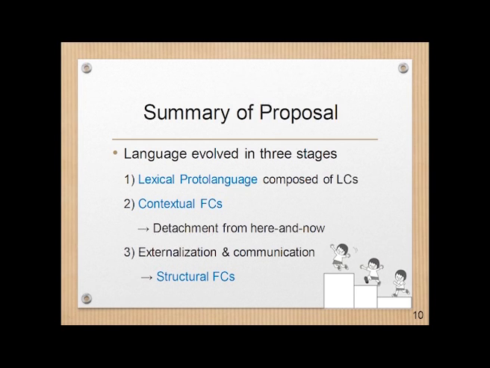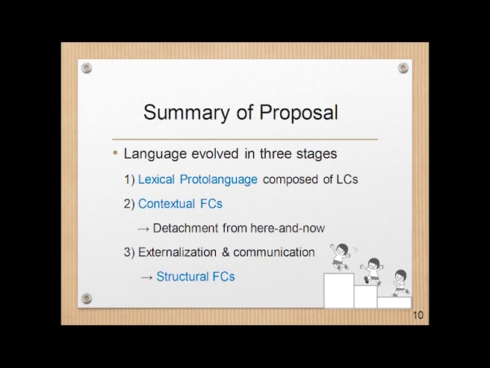Now I briefly summarize my proposal. The proposal here is that modern human language has evolved from protolanguage in three stages. At the first stage, lexical protolanguage composed of only lexical categories emerged. At the second stage, contextual functional categories were separated from lexical protolanguage, and this enabled expression departed from the here and now.